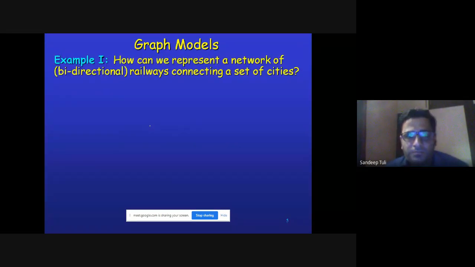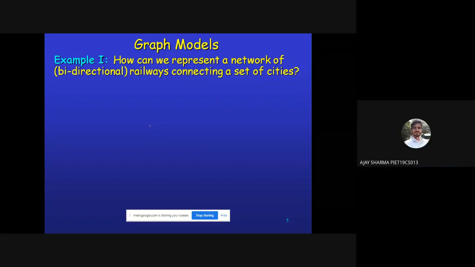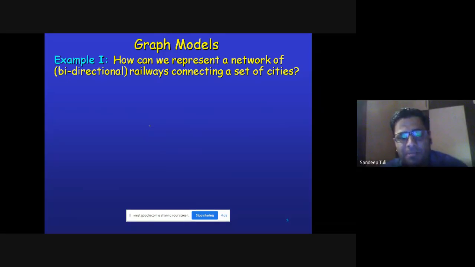Okay. Now, how can we represent the network of railways connecting a set of cities? Can anybody tell me? Bidirectional means that if I am having a train from Jaipur to Delhi, then there must be a train from Delhi to Jaipur also.